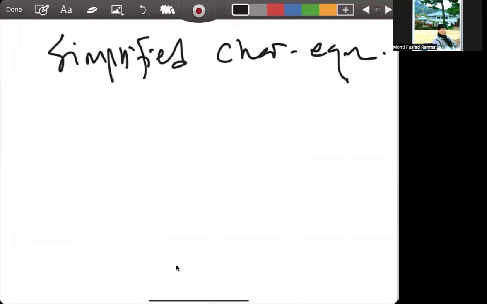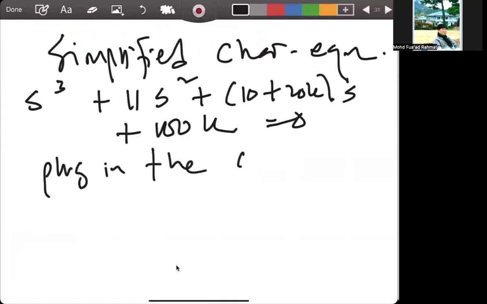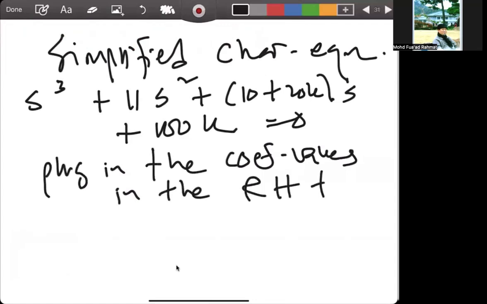Characteristic equation, okay, which is s cubed plus 11 s squared plus 10 plus 20K s plus 100K equals 0. Then plug in the coefficient values in the Routh-Hurwitz table.